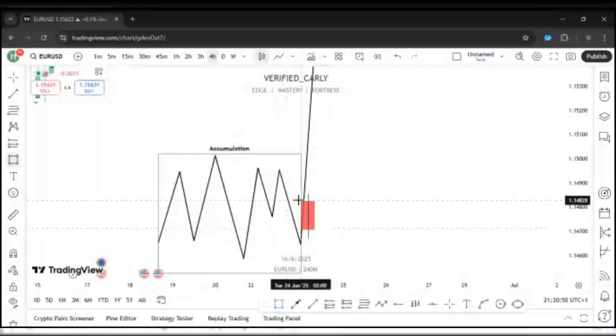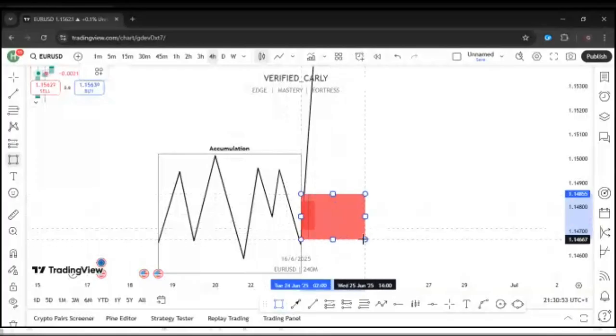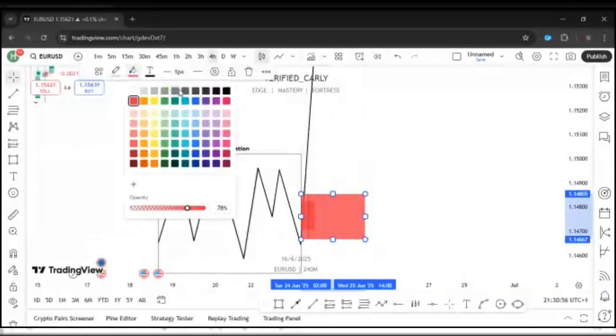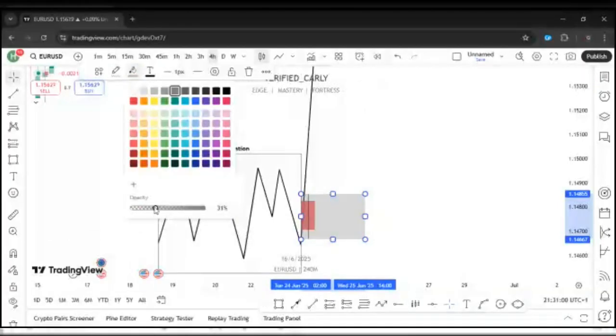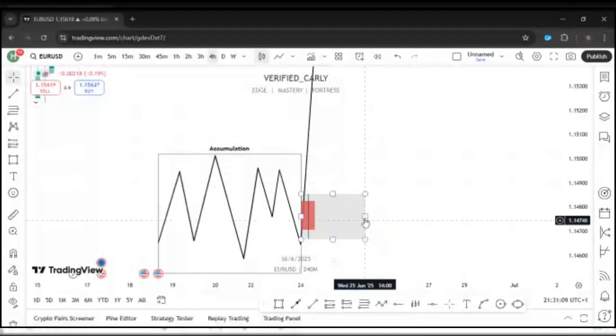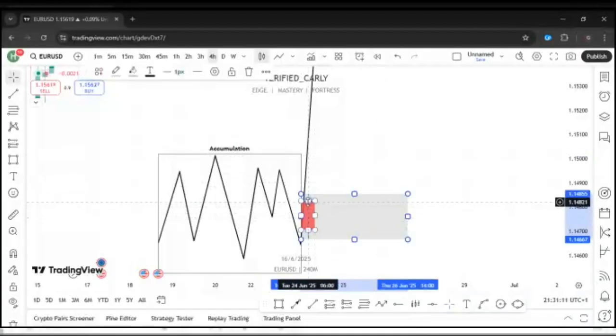You can just mark it maybe with a rectangle. Let me make this ash, then reduce the opacity so you guys will be able to see. It's okay at 20. You see this right here? You can just call this an order block.